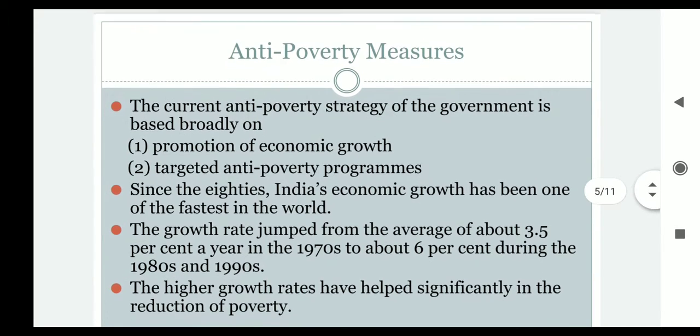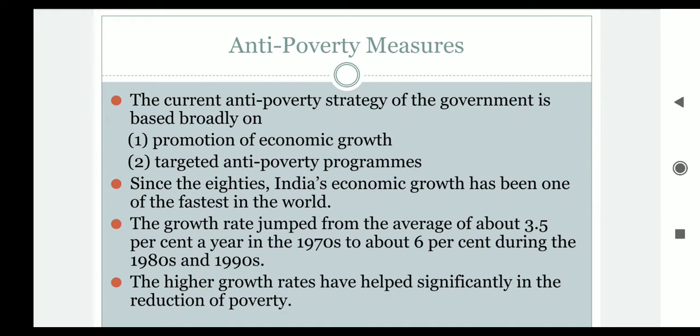Children, the current anti-poverty strategy of government is based broadly on promotion of economic growth and targeted anti-poverty programs. Since the 80s, India's economic growth has been one of the fastest in the world.